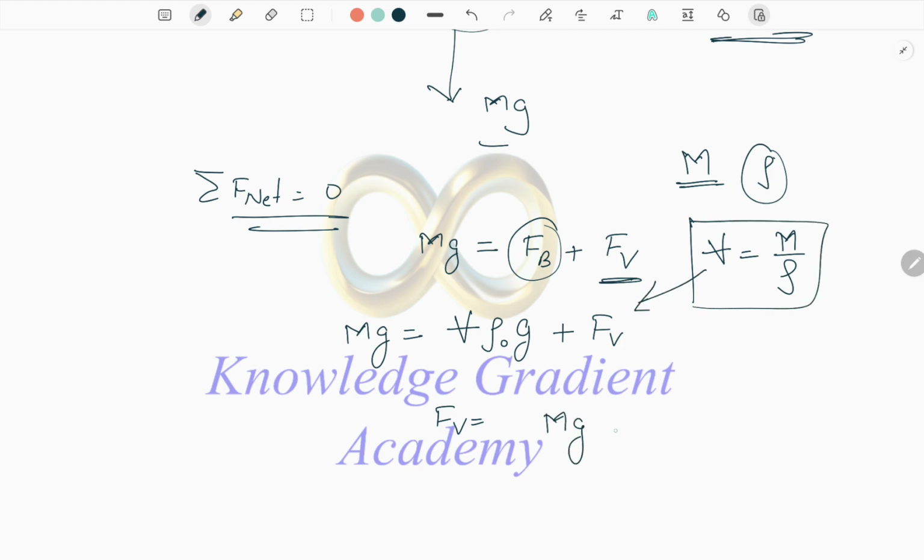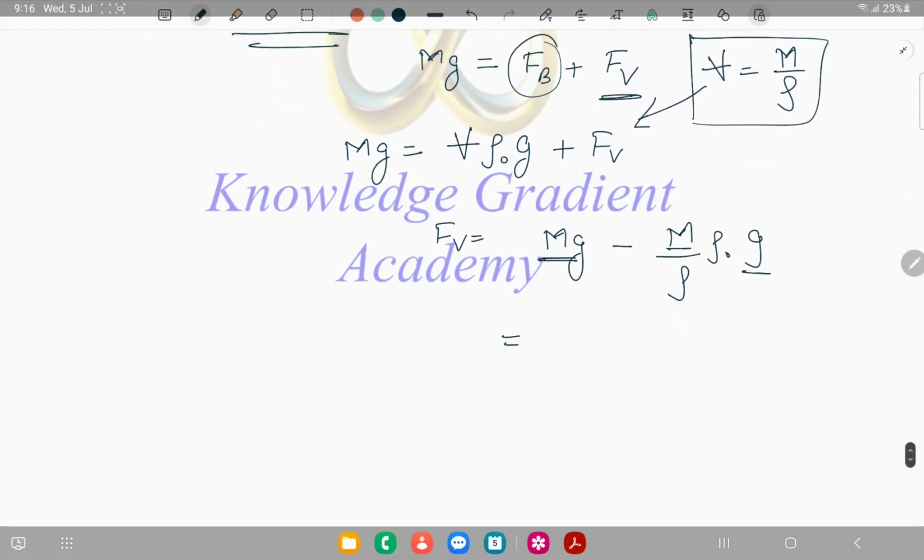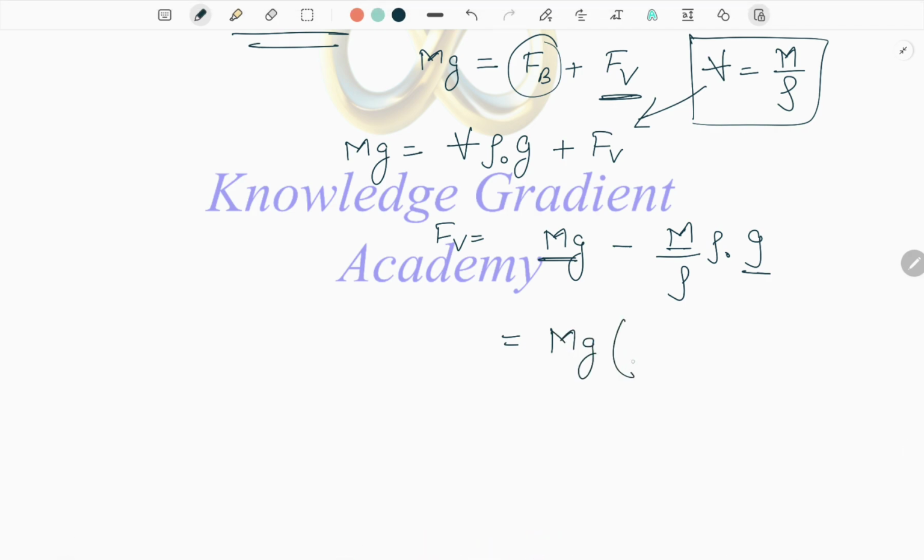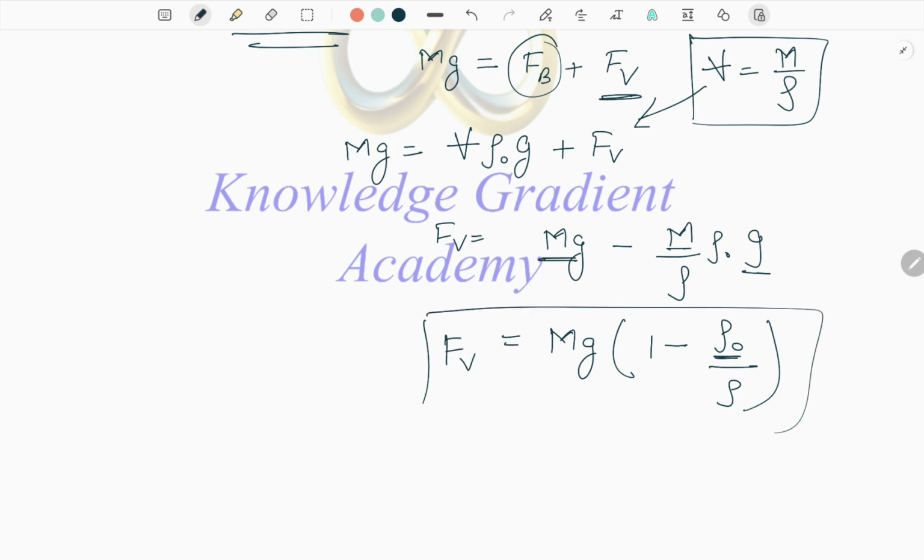So Fv equals mg minus m upon rho into rho naught g. So mg is common on both sides. So Fv equals mg times (1 minus rho naught upon rho). Rho naught is the density of the fluid, and rho is the density of the ball. So this is the viscous force or drag force acting on the ball.